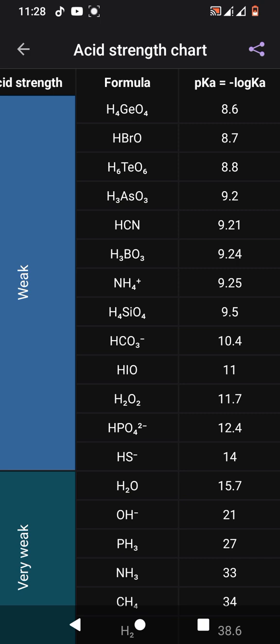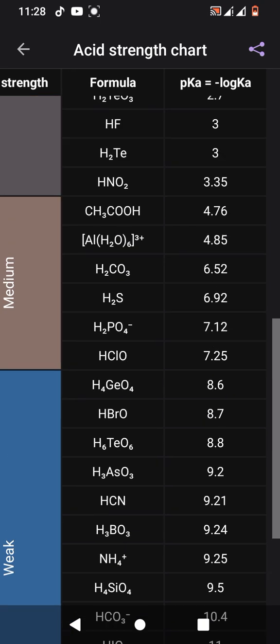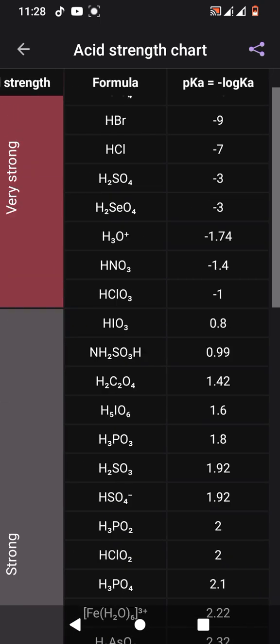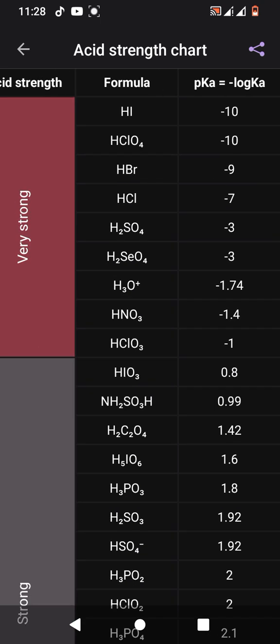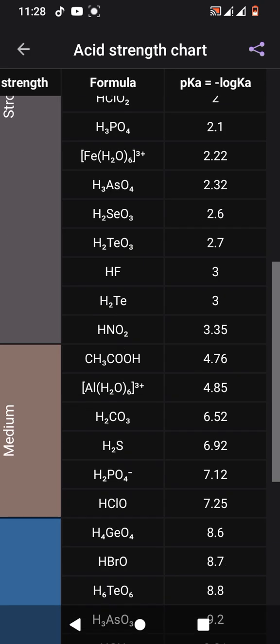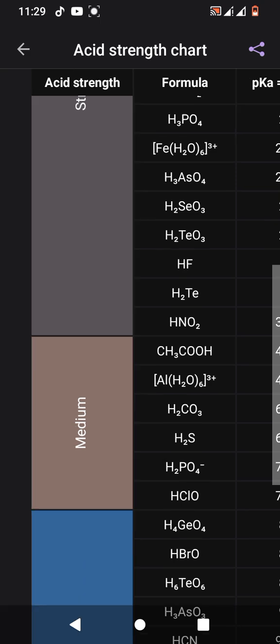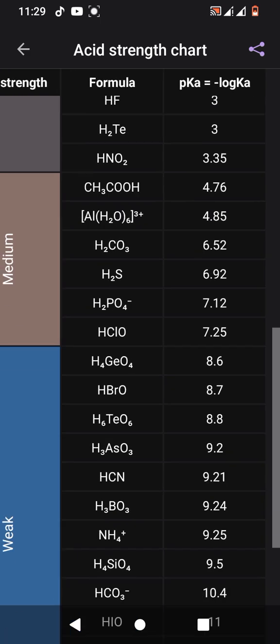A strong base is the one at the bottom, and a weak base is the one closer to 7. A strong acid is one further from 7, and a weak acid is the one closer to 7. But we shall deal with this pretty soon.